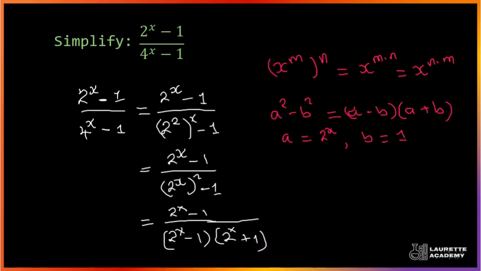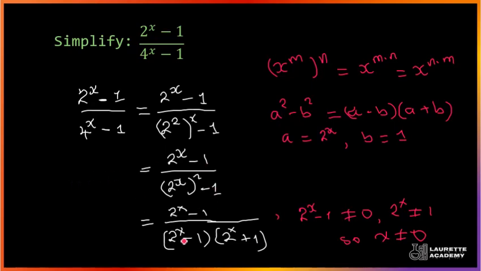Of course, here we are assuming that 2 to the power x minus 1 is not equal to 0. This is the same as saying that 2 to the power x is not equal to 1, or so x is not equal to 0.